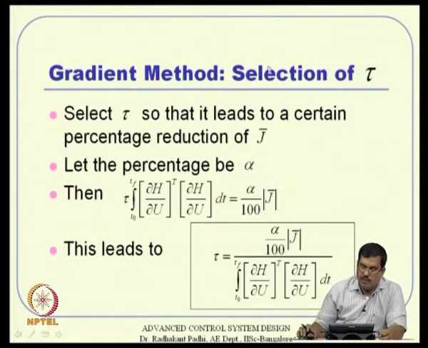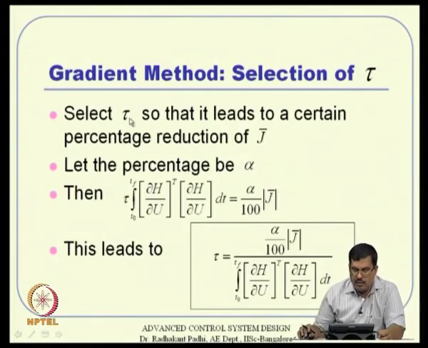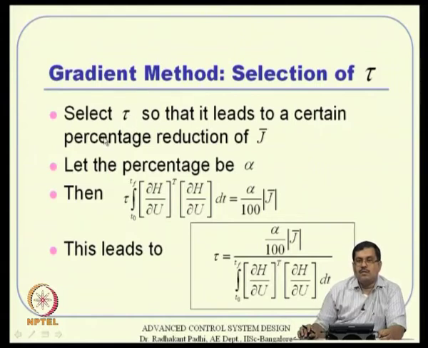Other approach, other idea is something like this. You can select a tau so that it leads to a certain percentage reduction of J bar at every iteration. That means, let us aim to select a tau such that at every iteration, this J bar value is going to reduce by a certain percentage, let us say 10%, 15% like that actually.